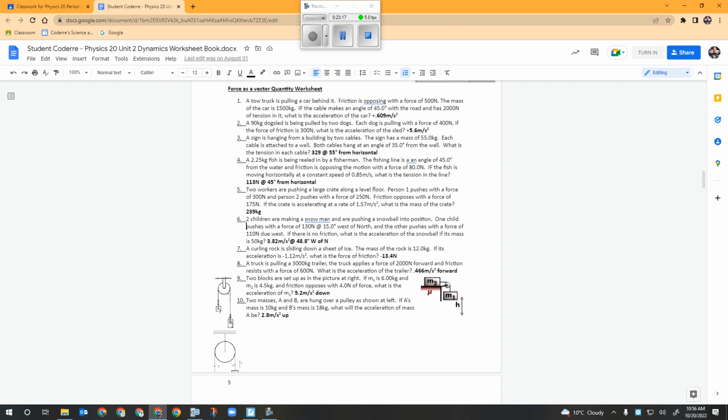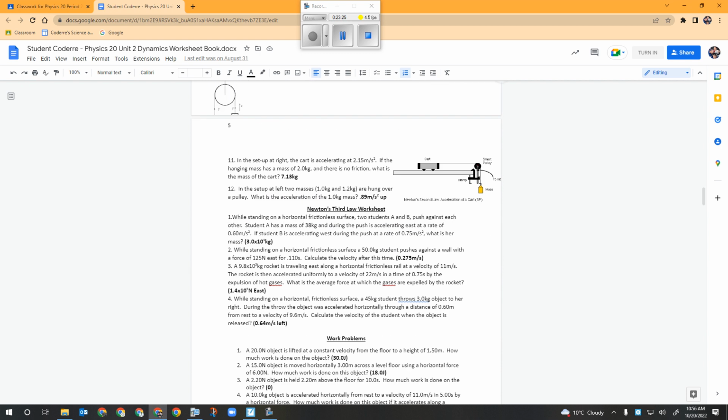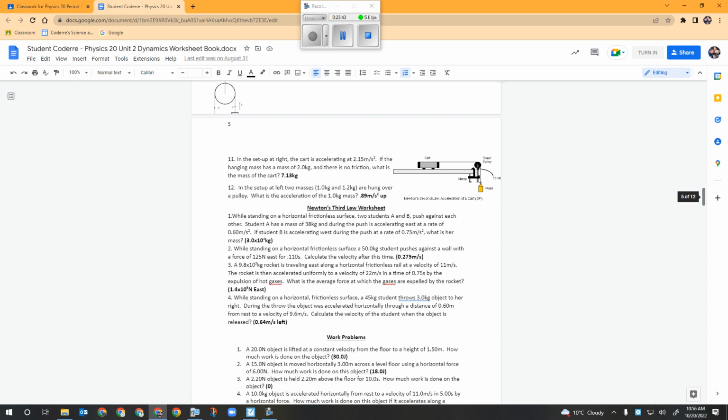That's the bottom of page 4. Because those are vector ones. We've done 3 inclined planes, so let's do 3 vector ones: 6, 10, and 11.